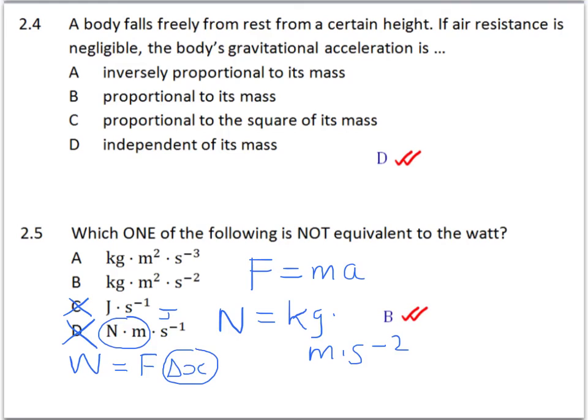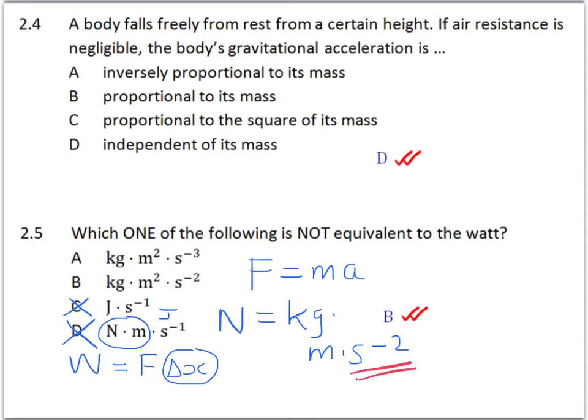We see here in this expression for Newton's second law that the Newton has s to the minus 2 in it. So when we calculate the work done, force times displacement, the Newton will give us s to the minus 2, but what we're looking for is something that is equivalent to the watt, which is units of work, or units of energy, per second.